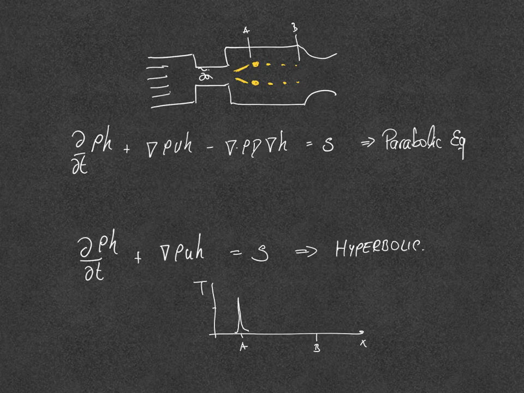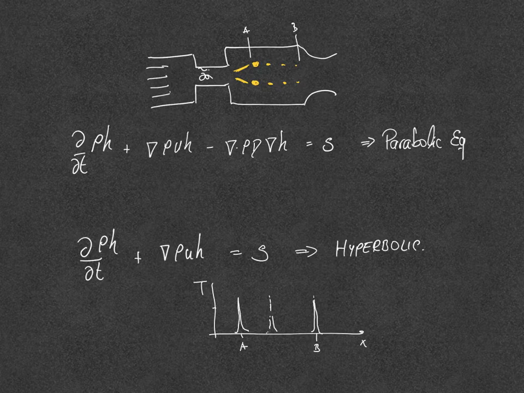If we don't have any diffusion at all, we expect that this is going to be convected and arrive at point B just being transported with the same shape, nothing changed.